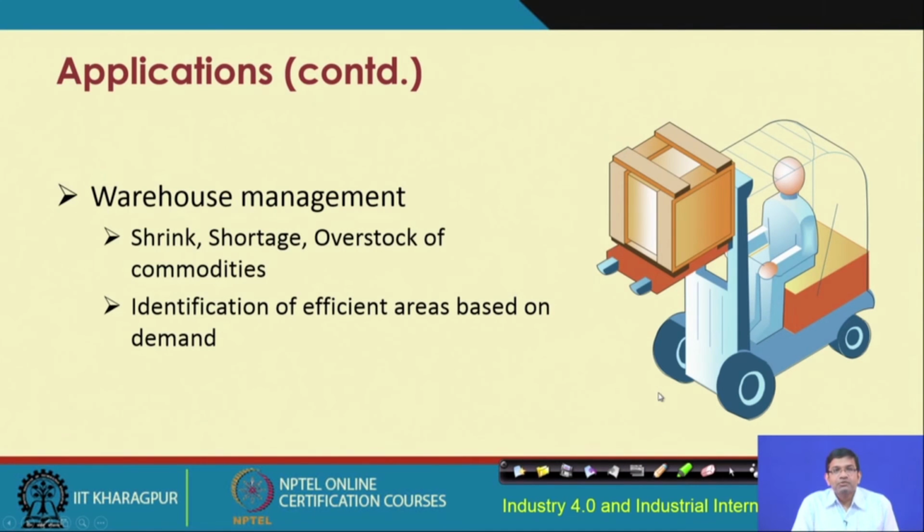Similarly, warehouse management, shrinking of the stocked items, shortage, overstock of commodities, identification of efficient areas based on demand. These are also different applications of use of RFIDs for IIoT implementation in an inventory management application in a smart factory.